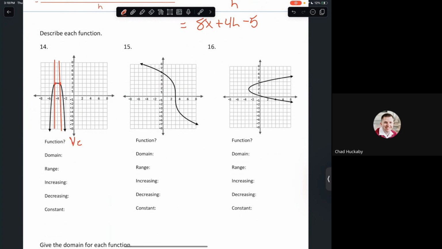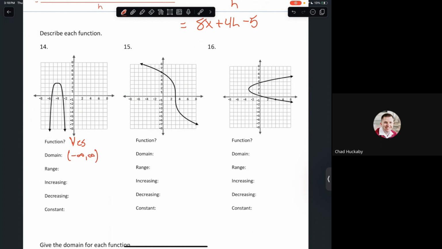So yes, this is a function. The domain, let's clean up our graph here. Because this arrow goes down forever and this arrow goes down forever, it's getting a little bit wider as it goes down. So our domain on this one is negative infinity to positive infinity.